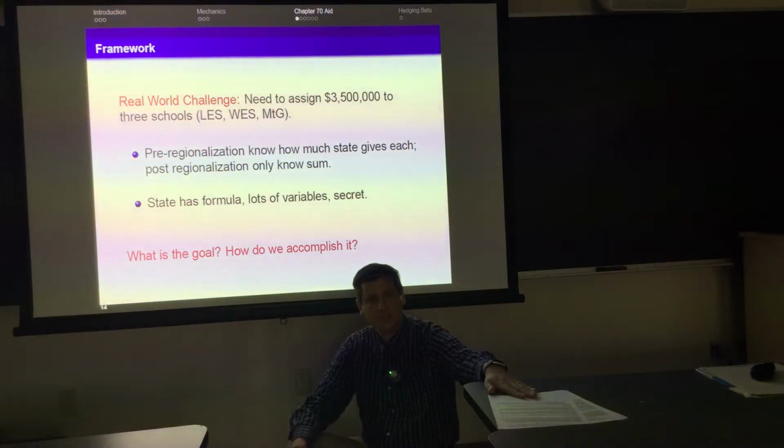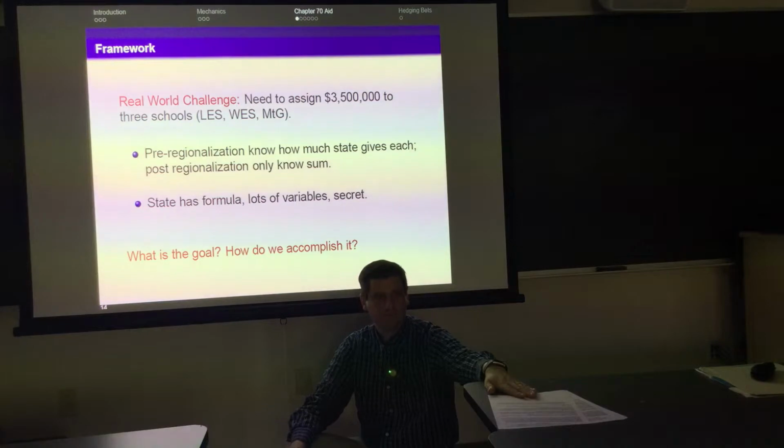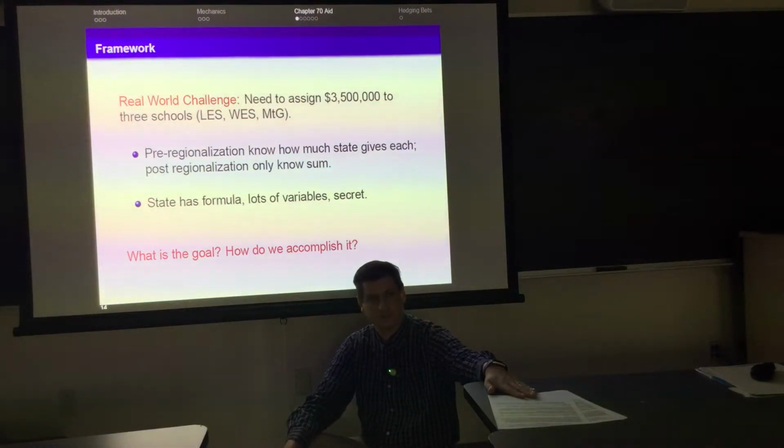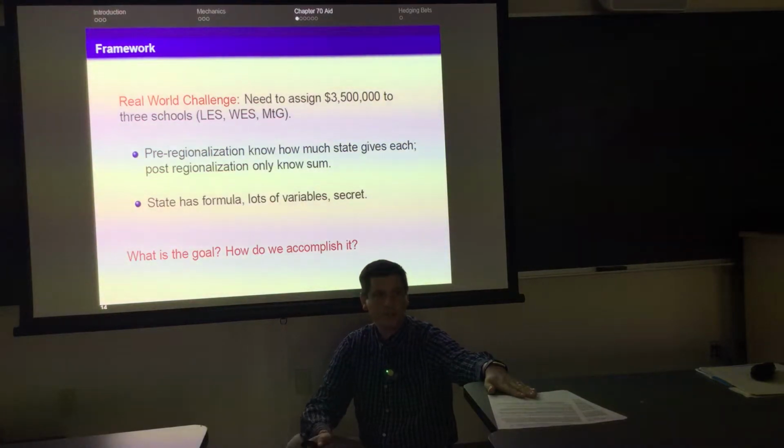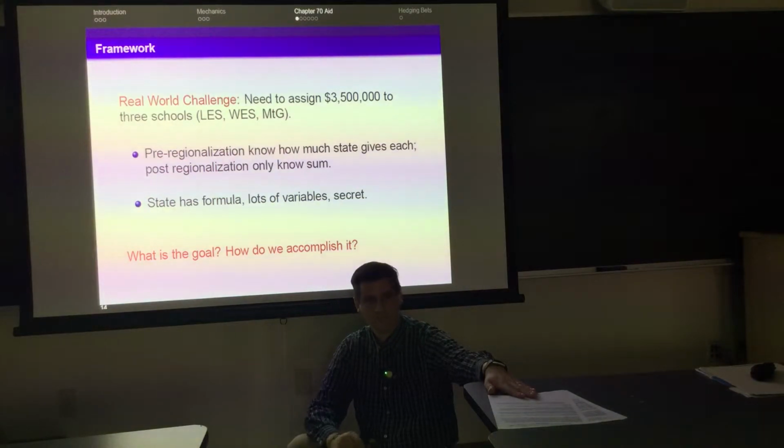Right now, the state tells us how much money goes to Williamstown Elementary, Lanesboro Elementary, and Mount Greylock, Mount G. If we were to fully regionalize, they will no longer tell us how much money goes to each place. They will just tell us, here is the lump sum that you now get as a region. And we need to figure out how to divide it. So one possibility is, of course, to just split it 33, 33, 33, but that's not even close to what's going on historically.